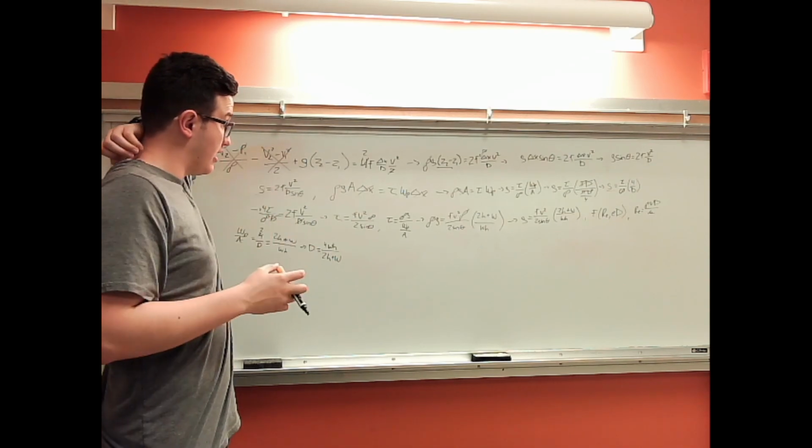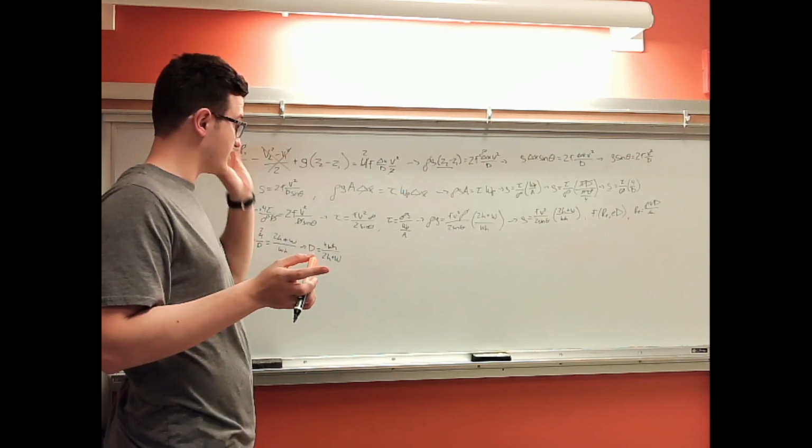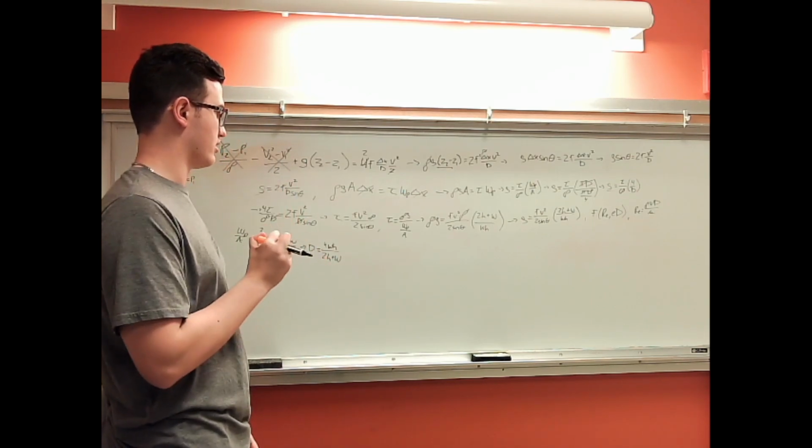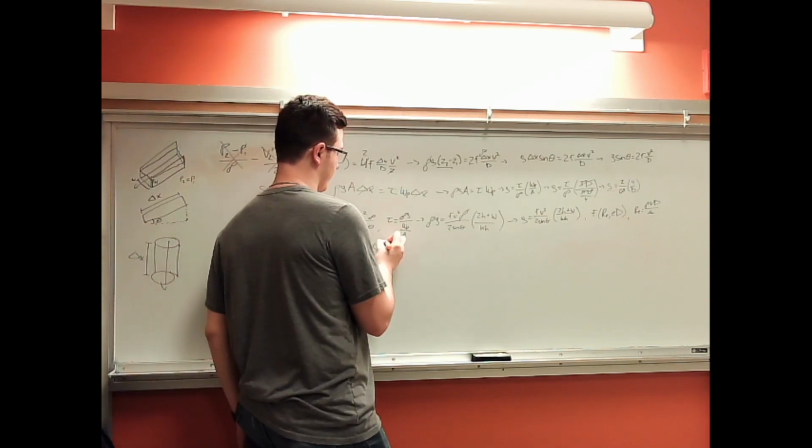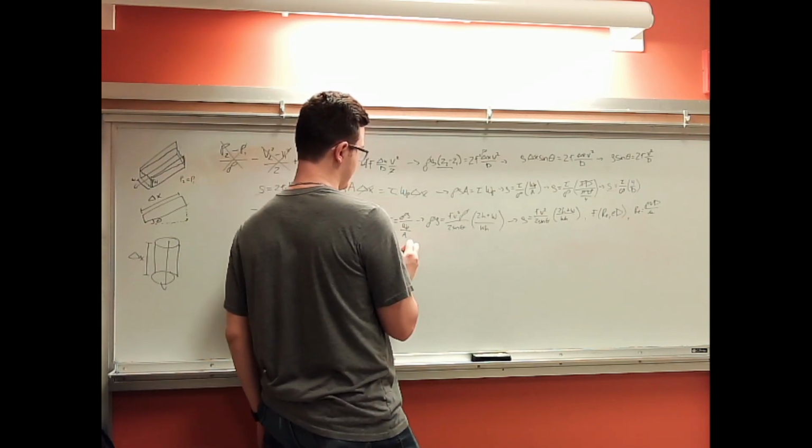But the last thing that the question asked is for us to find Q in here. As we know, the volumetric flow rate Q equals velocity times the area.